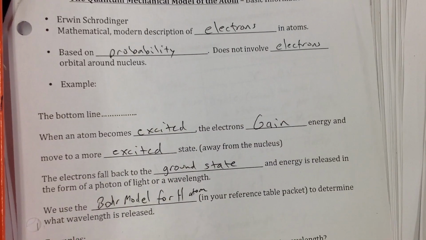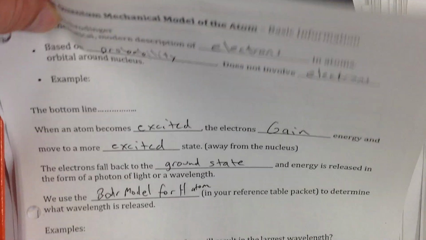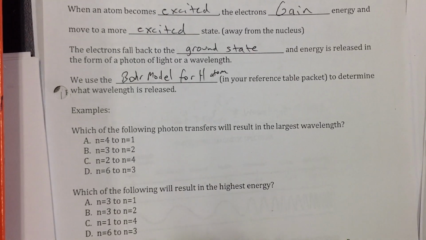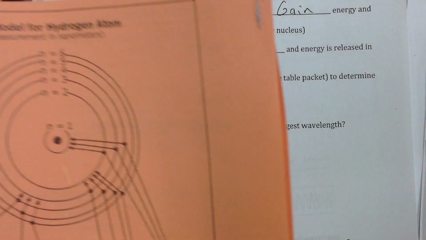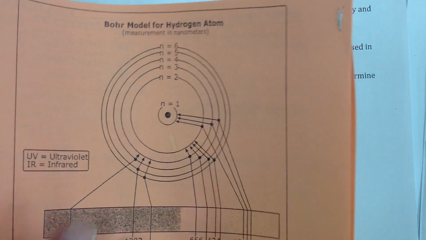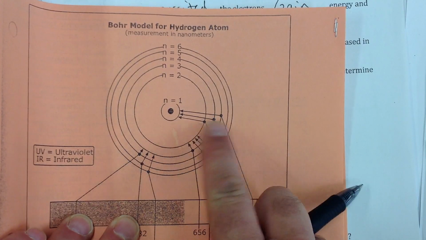To determine the wavelength that's released, you're not going to believe how easy this is. So let's look down at the bottom. When you see n equals, as soon as you ever see n equals on a test, I want you to grab this chart. Looking at this chart a little closer, notice that all the arrowheads go which direction? Inward.